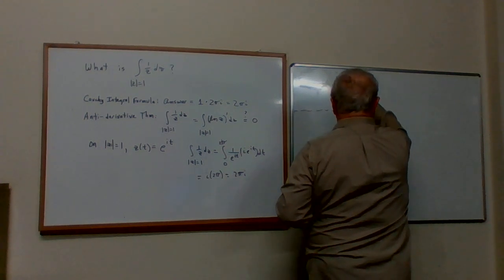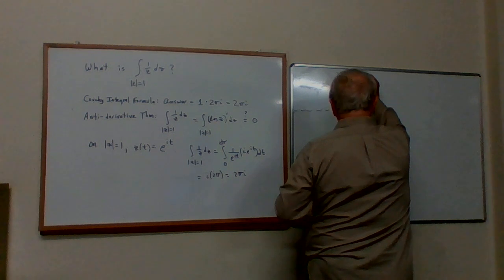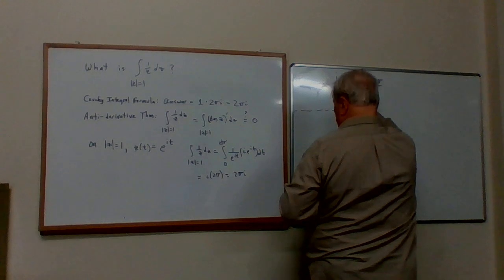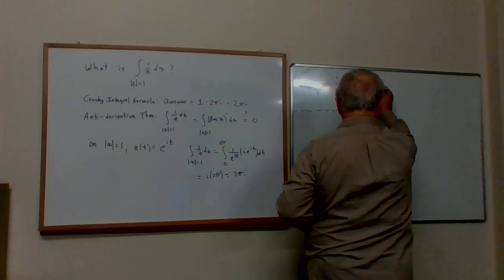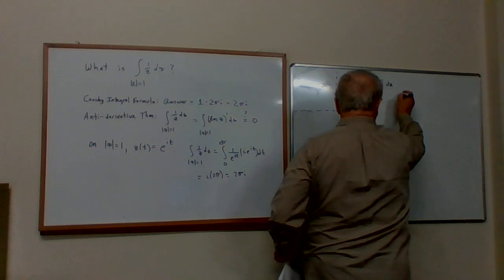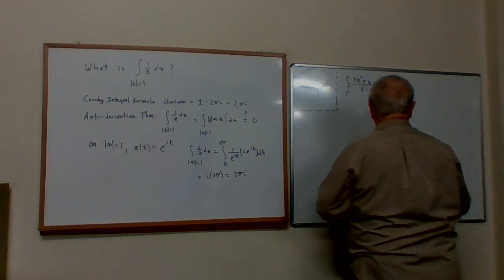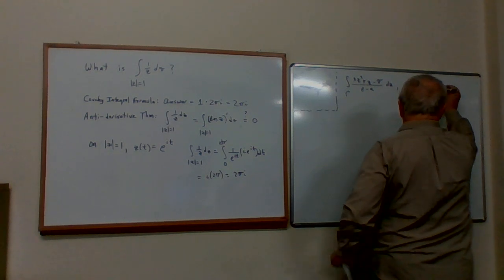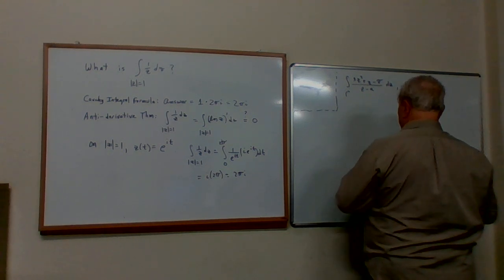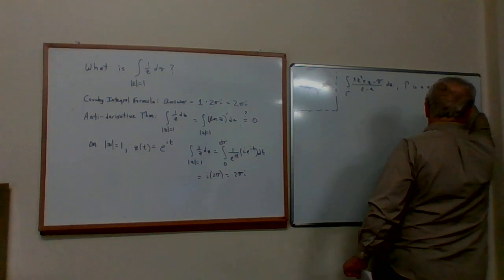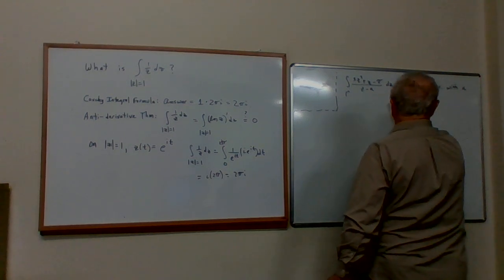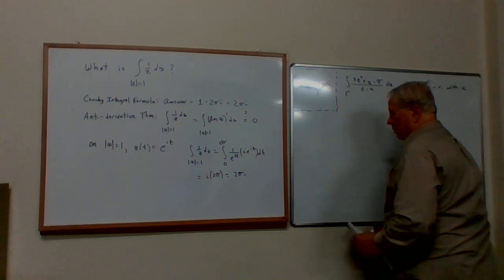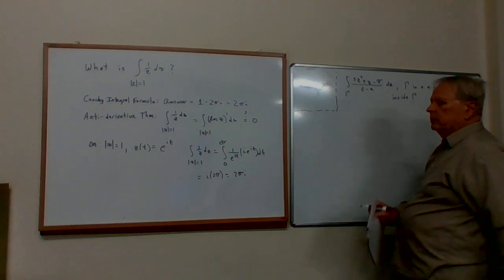The integral over gamma of 3z squared plus z minus pi, all divided by z minus a, dz, where gamma is a simple closed curve as usual, with a inside gamma. Okay? And what is that integral?